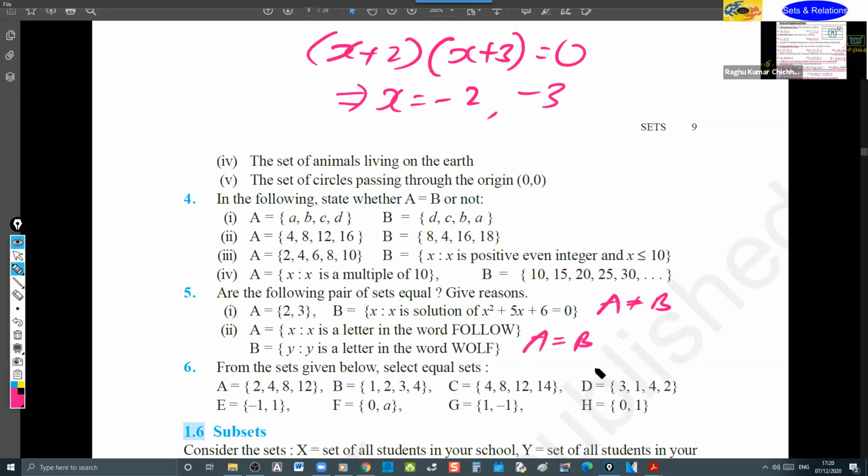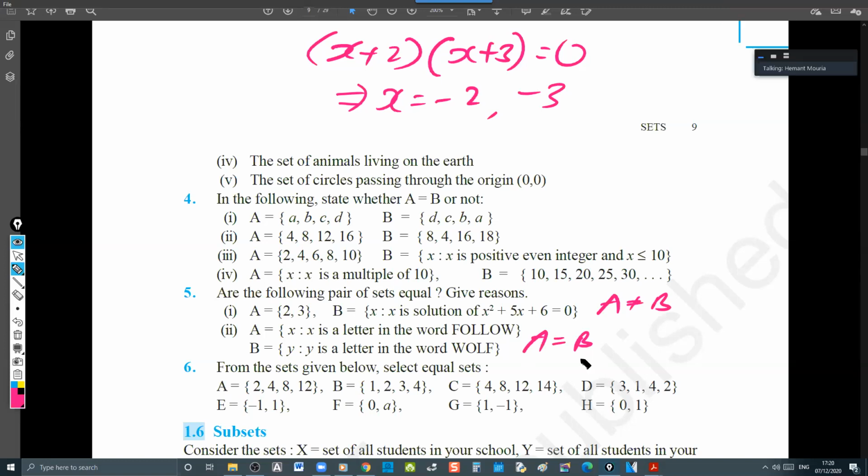You are finishing that sixth also. Yes, sir. From the sets given below, select equal sets. A equals 2, 4, 8, 12. Sir, A and A doesn't have an equal. So, sir, B and what? Sir, E and G go together. Yeah, Chetu, you can also try.